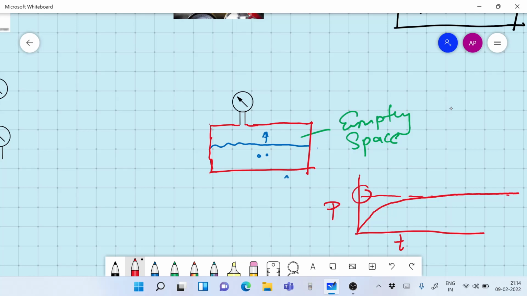Why would that happen? That would happen because as the vapor molecules crowd in the empty space by rising out from the fluid, they are going to also go back into the liquid. Why? Because they have no more space. So crowding is going to occur, and the crowding at one point of time is going to become so much that it's going to enter back also.